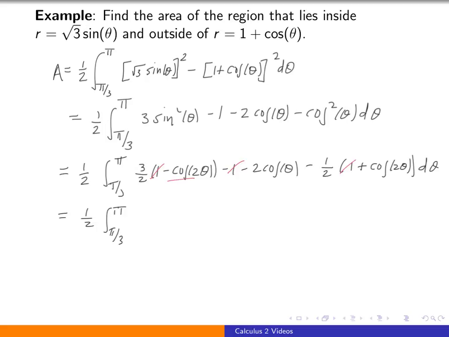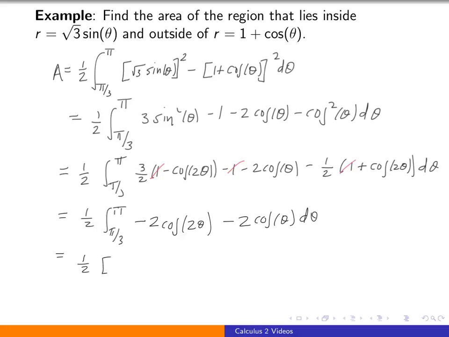Minus 3/2 cosine 2 theta. Then we have minus 1/2 cosine 2 theta. So together we have a minus 2 cosine 2 theta, and then the only remaining term is minus 2 cosine theta. And these are two fairly reasonable functions for us to integrate.